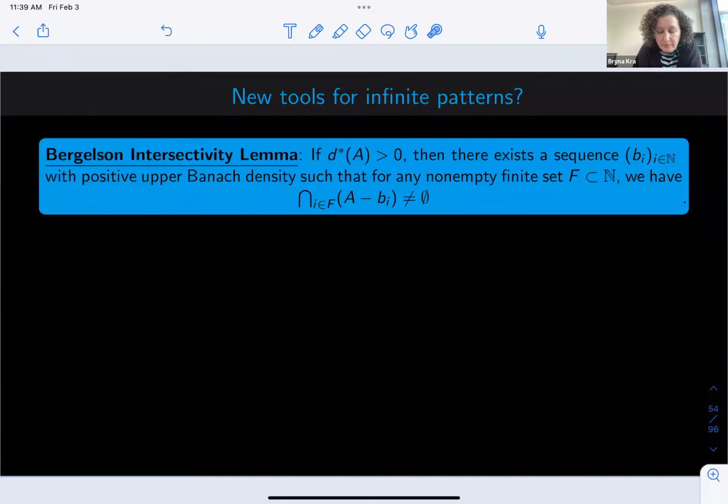This is Bergelson's intersectivity lemma. It says that if you start off with a set A of integers with positive density, then you can find a sequence b_i with positive upper Banach density, such that for any finite set F, and here's why I said it's quasi-infinite, the intersection over i in F of A minus b_i is non-empty.